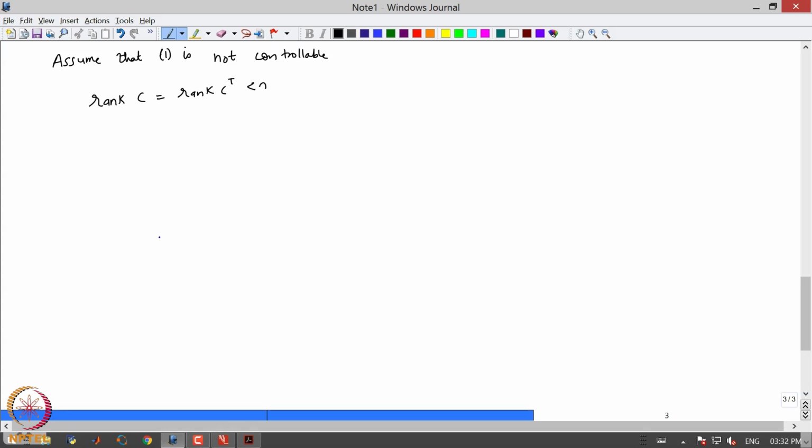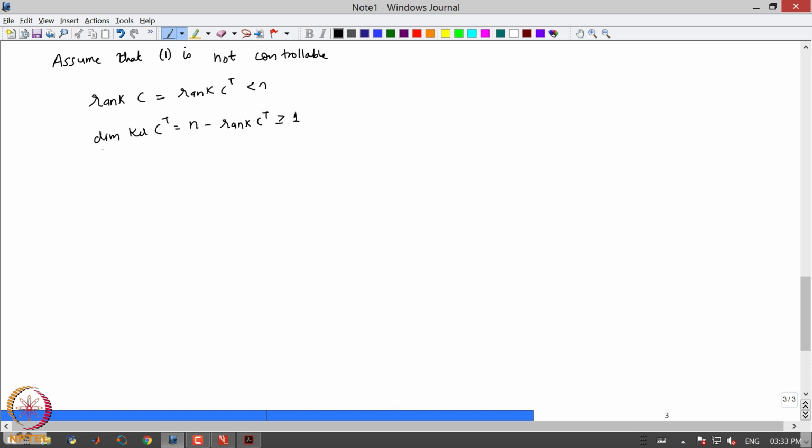So, again I invoke the rank nullity theorem to rewrite this as the dimension of the kernel of C transpose is n minus the rank of C transpose. Okay. Now, because the rank is always less than n, the kernel will always have a dimension greater than or equal to 1. Okay.